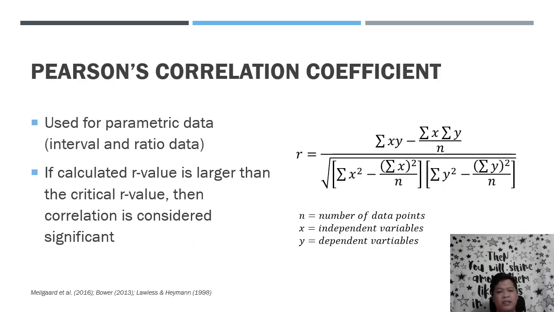Okay, in the previous example, although kinonvert to ordinal yung data, well, actually, depending on your assumptions, you could have assumed that it was at least interval data.